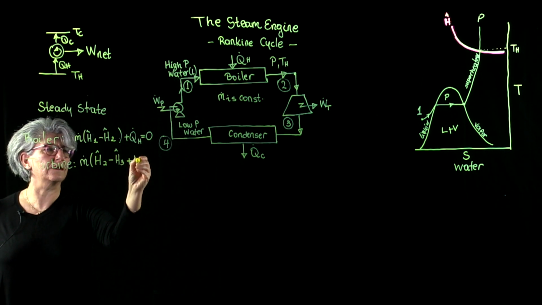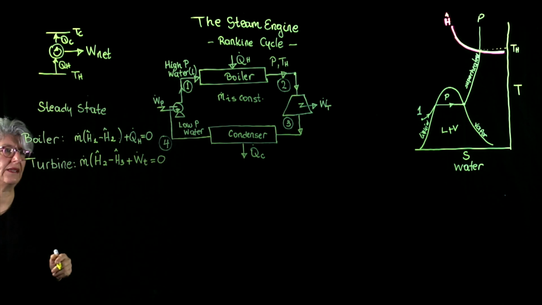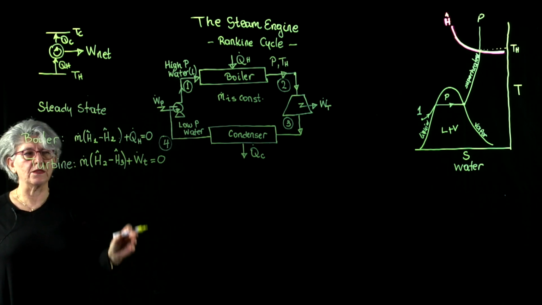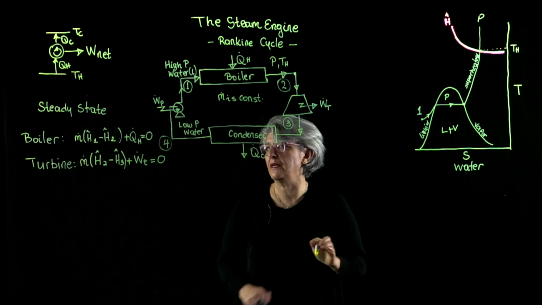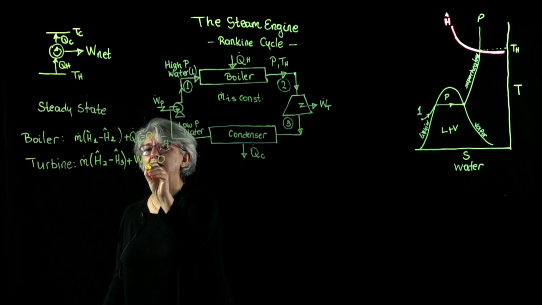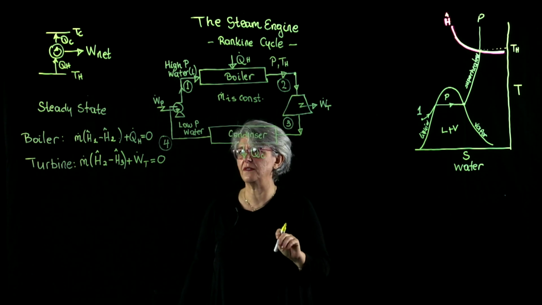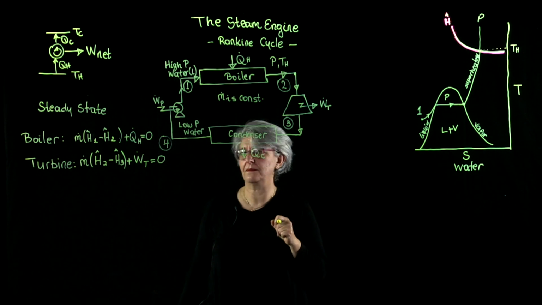And I get the turbine work, and the net balance is 0. So the net work that I obtain from the turbine is equal to the difference of the enthalpy of the incoming steam and outgoing steam.